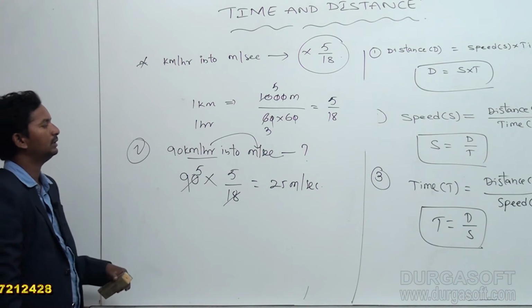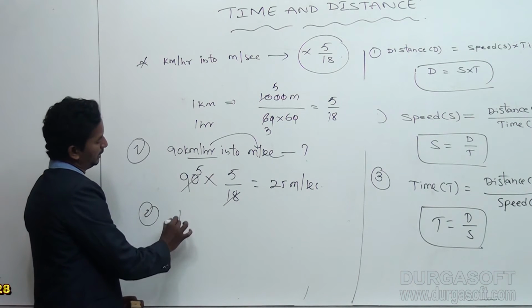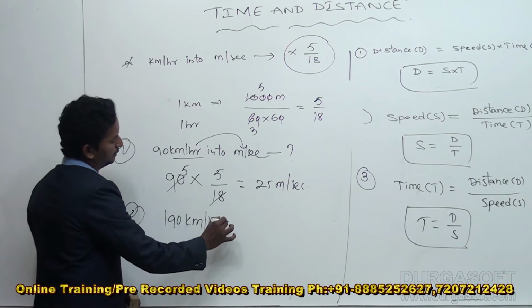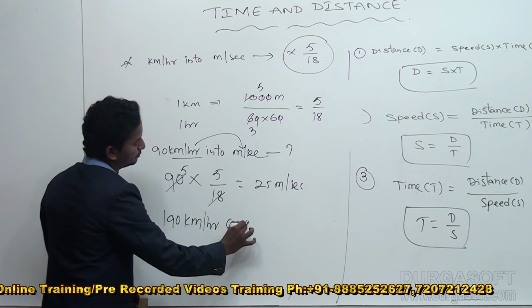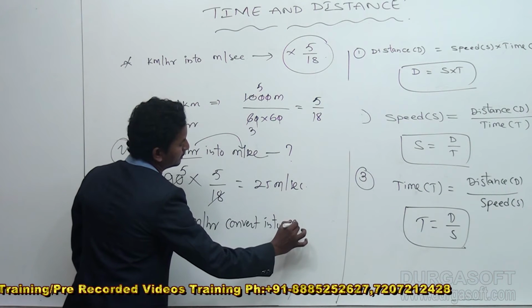Now the second problem: convert 190 kilometer per hour into meter per second.